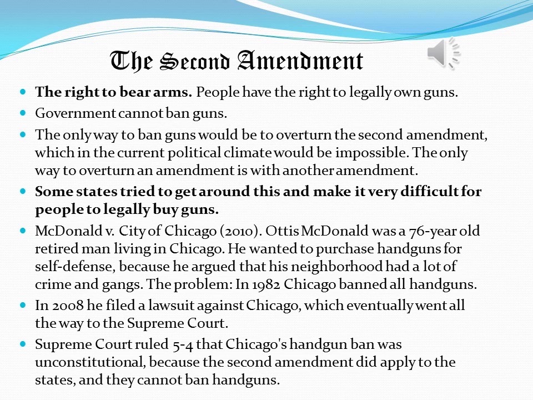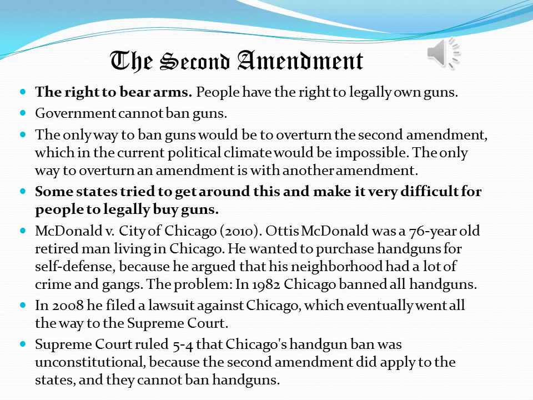Let's talk about the Second Amendment. It is the right to bear arms. People have the right to legally own guns in this country, and the government can't ban them. The only way to ban guns would be to overturn the Second Amendment, which in the current political climate would be impossible.